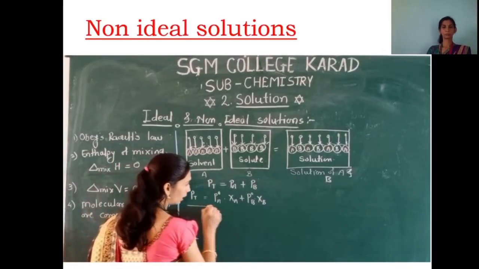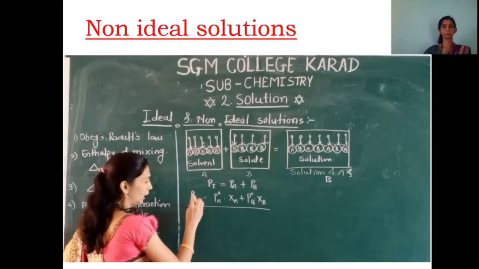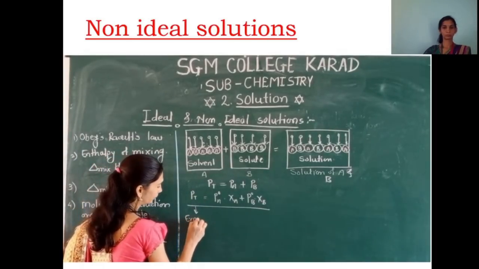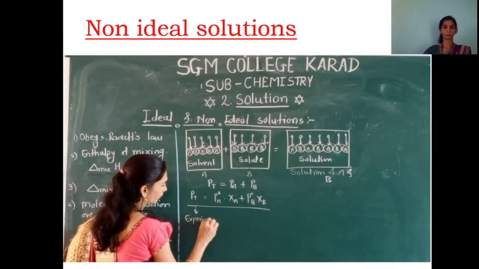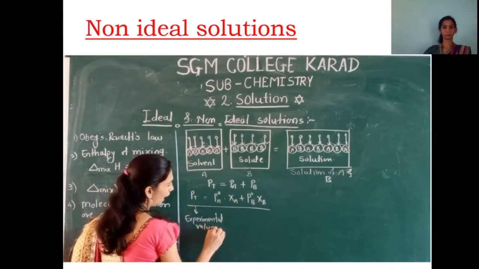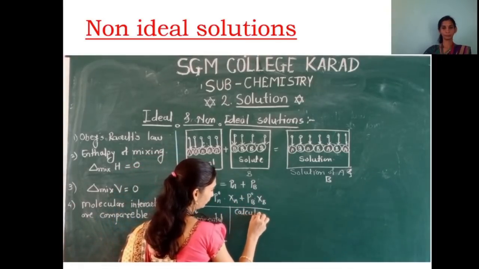Now see here, similar to the ideal solution, we calculate the value of PT by the experiment. And this value will be the calculated value.